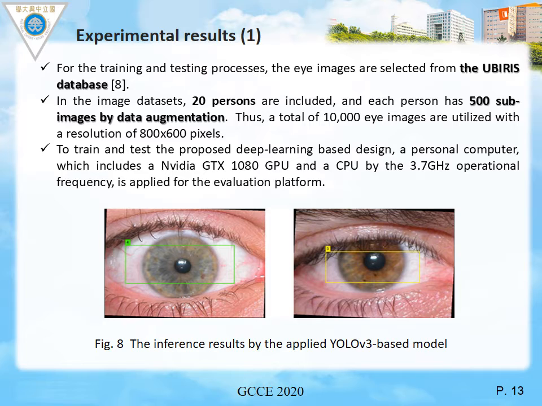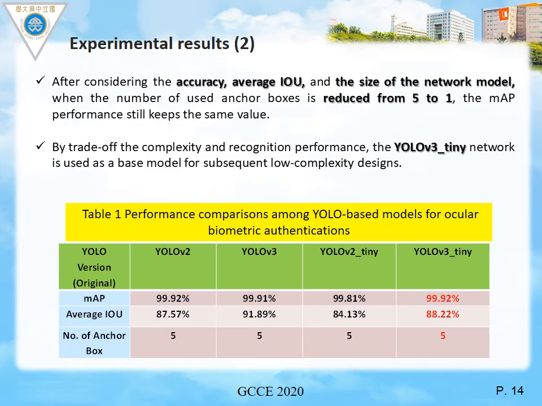Figure 8 illustrates the inference results by the applied YOLOv3-based model. After considering the accuracy, average IOU, and the size of the network model, when the number of used anchor boxes is reduced from 5 to 1, the mean average precision performance still keeps the same value.